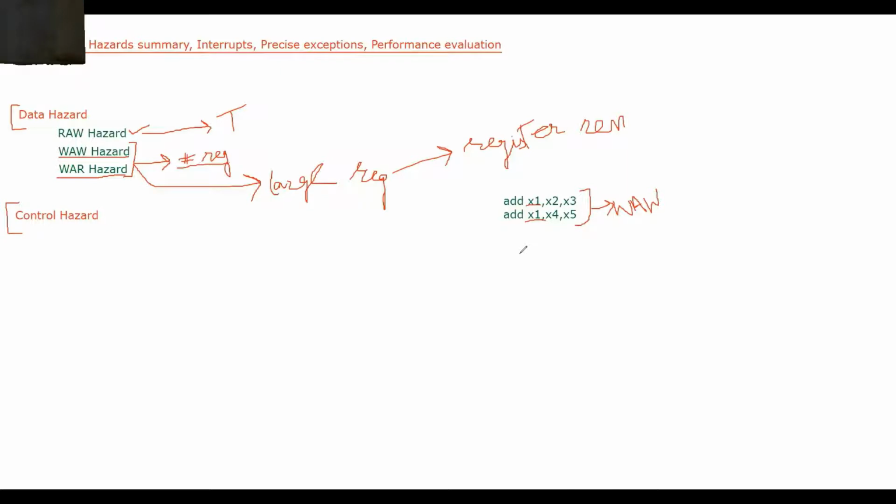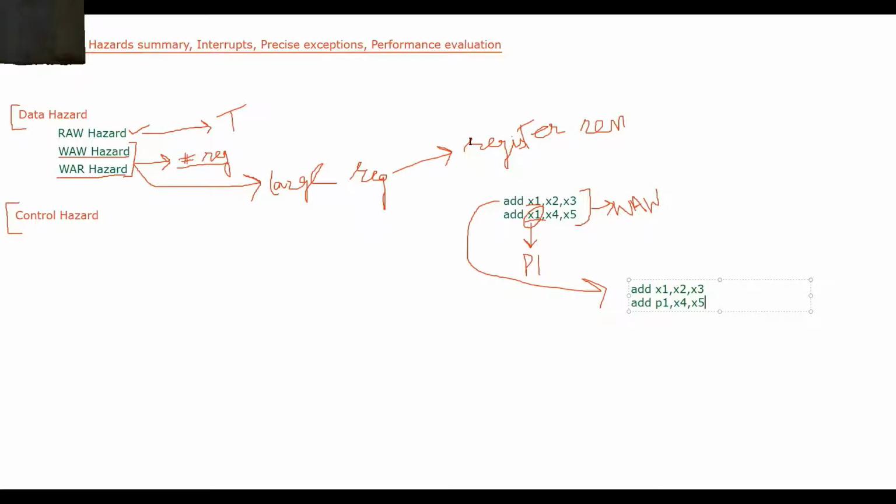Now if I do one thing, I rename one of the registers here, for example as p1. The new instructions will be add x1, x2, x3, and the second becomes add p1, x4, x5.